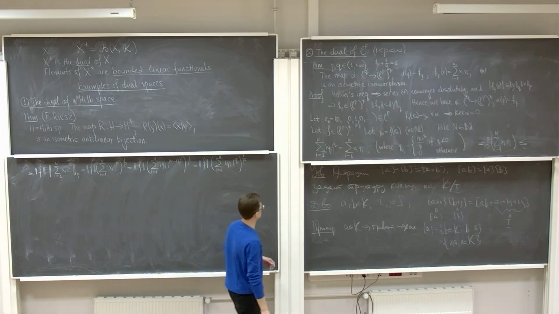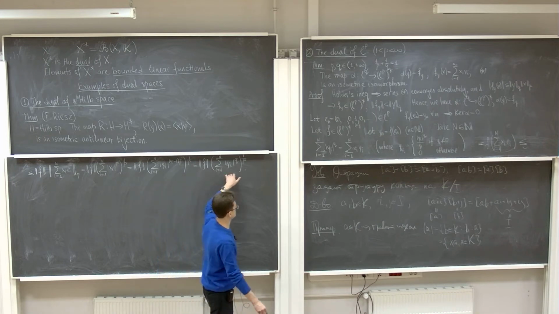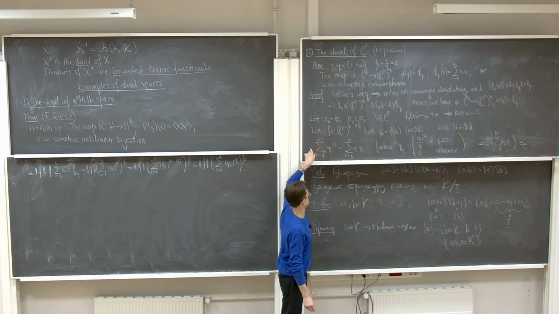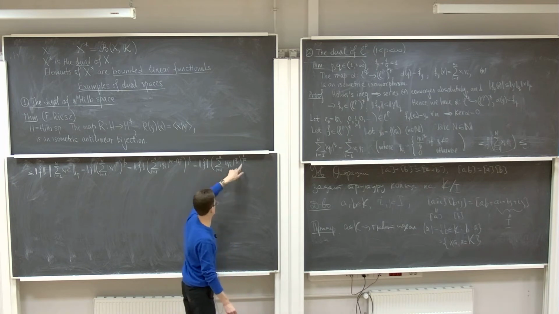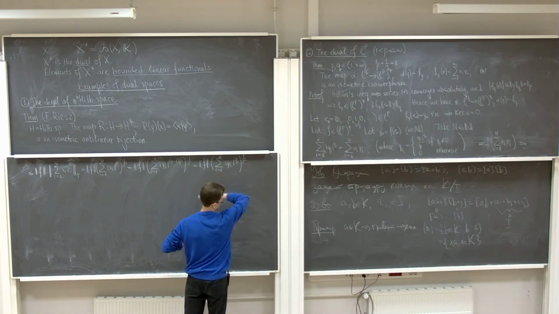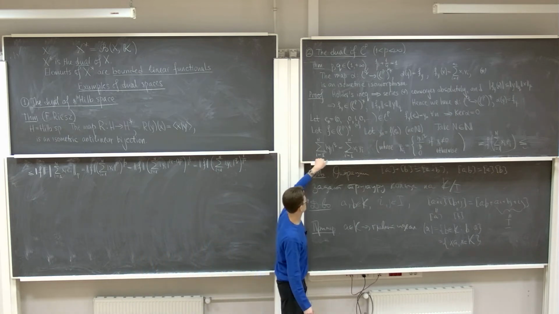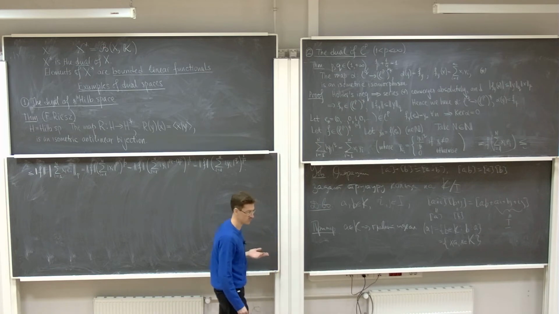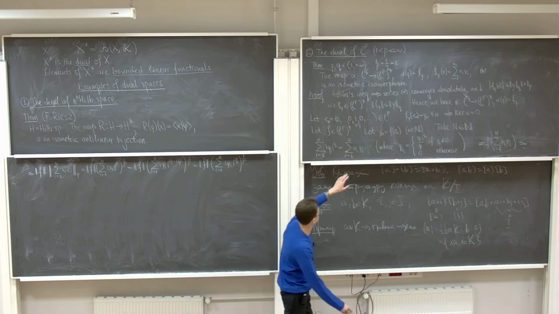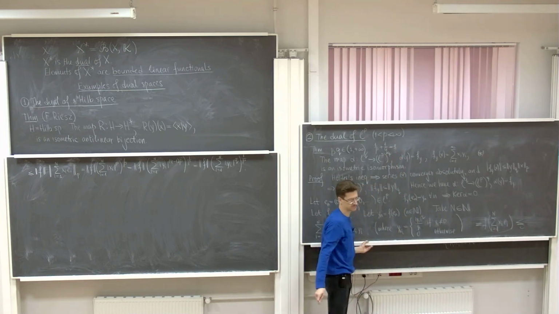And finally, we compare this and this. So we see that this is a certain number, and here we have the same number to the power 1 over p. So after we cancel this expression in brackets, on the left-hand side, we have this number to the power 1 minus 1 over p. But 1 minus 1 over p is 1 over q.